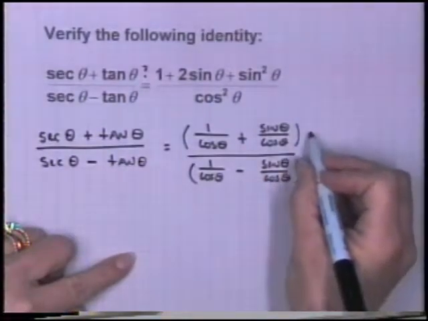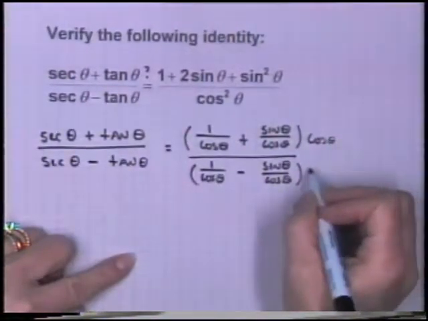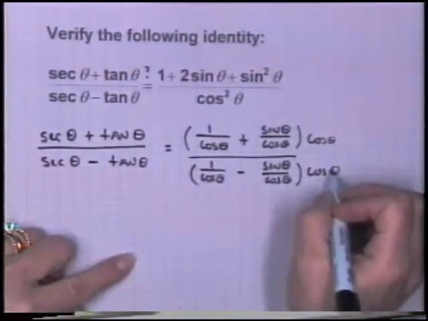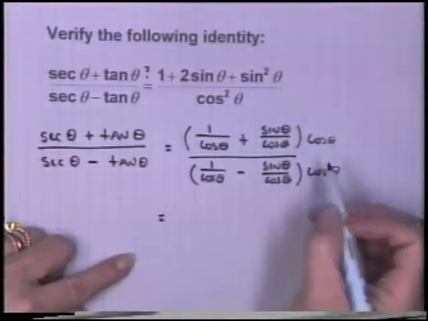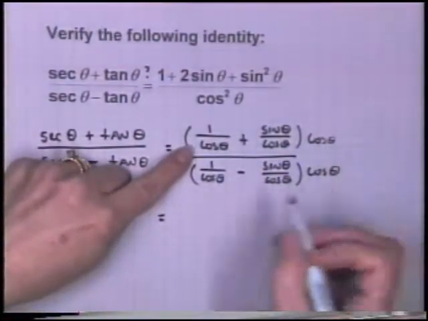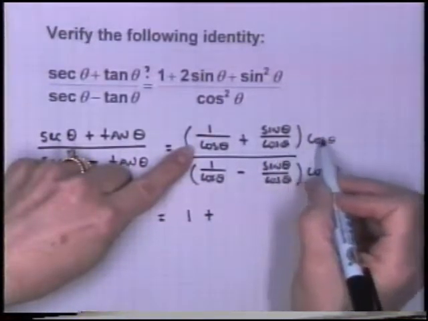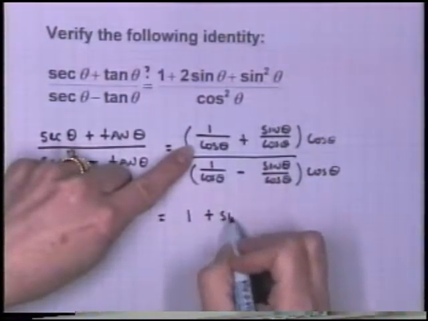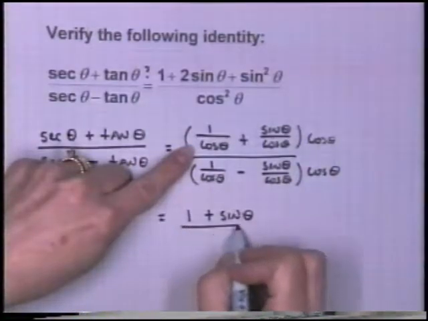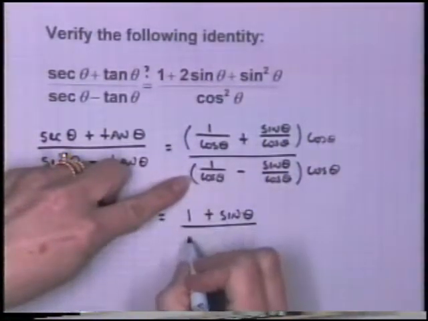I'm going to multiply the numerator and denominator of this fraction by cosine theta to simplify this complex fraction. So cosine theta times 1 over cosine theta is a 1, plus, here the cosine thetas would cancel and I would have sine theta.